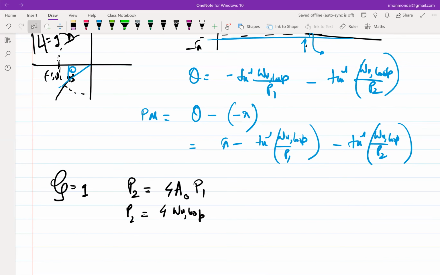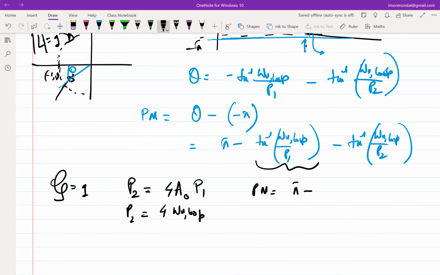So if that is the case, how much is the phase margin? Pi minus. So what can you comment on this first term, omega u loop by P1? That ratio is very high, right?